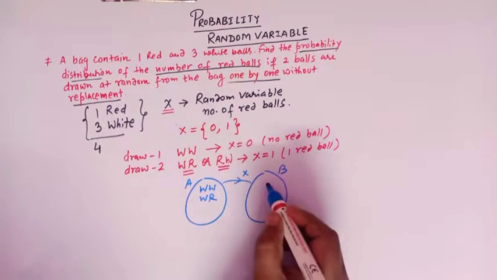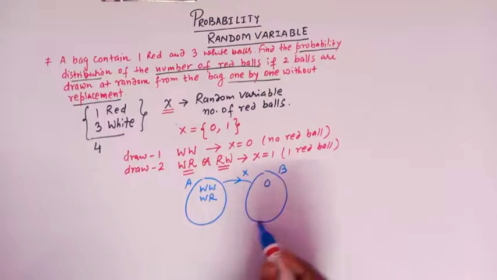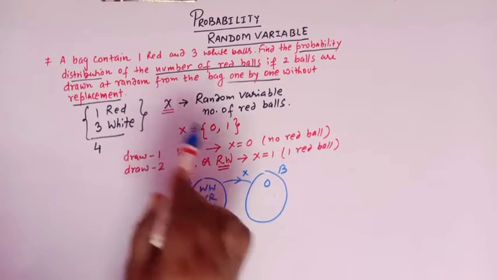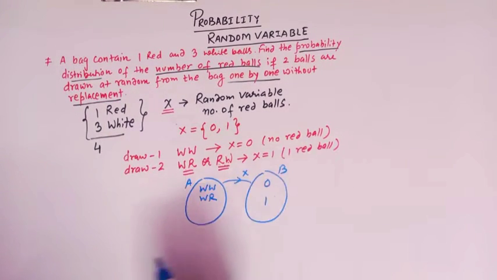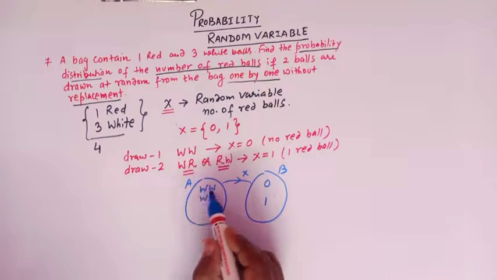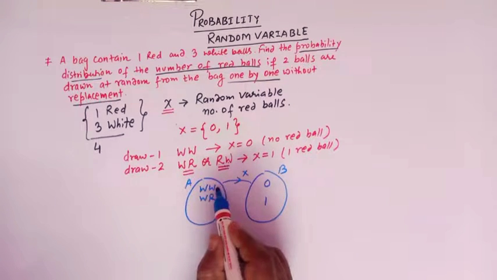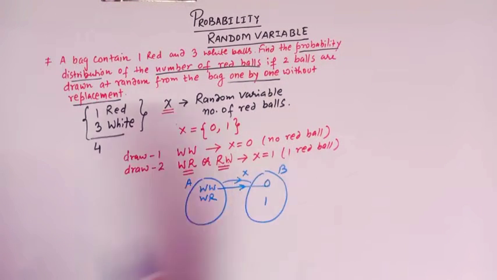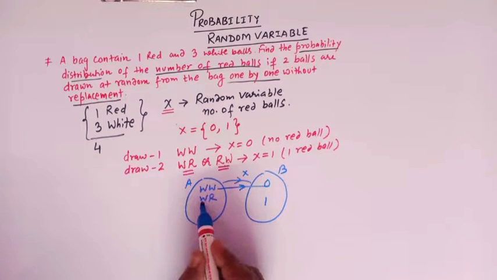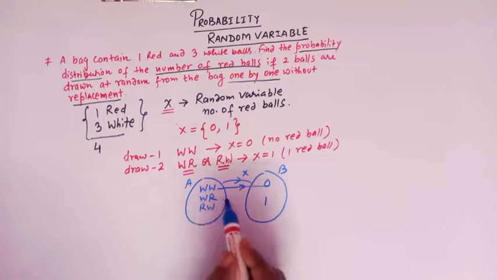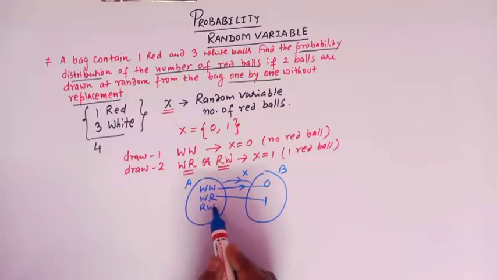So here we have the random variable 0, that is x takes the value 0, and here we have 1. So WW is mapped with x equal to 0, and WR or RW, that is these two events, are mapped with 1, right?